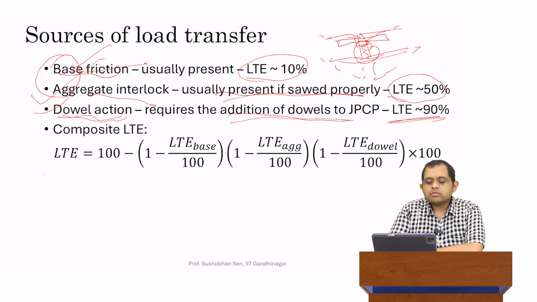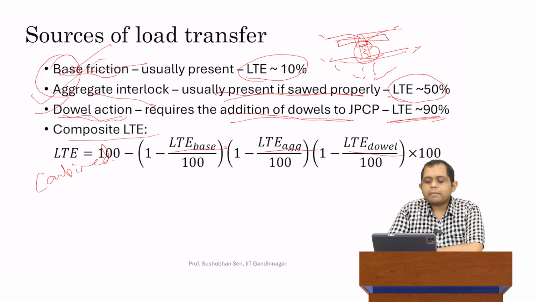So this formula I have over here is for what I just define as the combined or the composite load transfer efficiency. If somehow I could measure the load transfer efficiency using each of these phenomena, that is through the base layer, the base friction, through aggregate interlock, as well as through dowel action, if I could somehow measure them individually, then I would get the composite one as the product of, and this is a relatively simple formula to prove. I'm not going to prove it, but it comes from fairly simple considerations of load transfer.